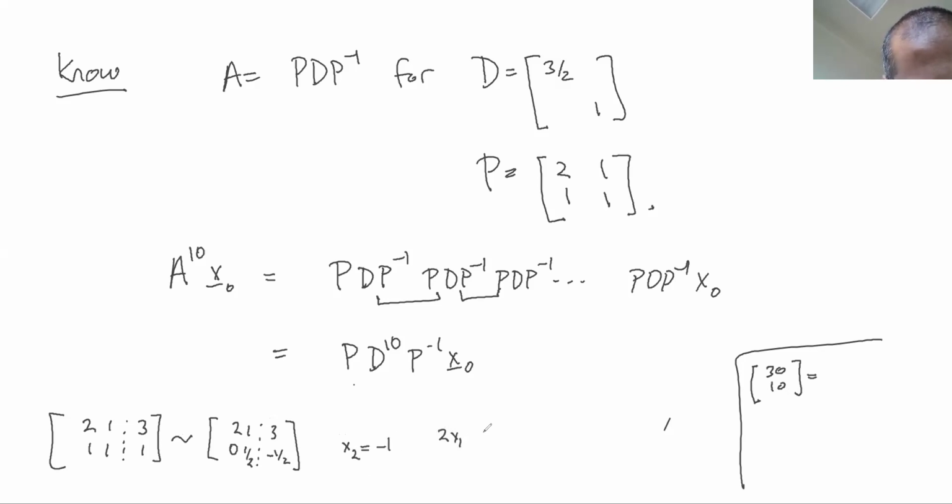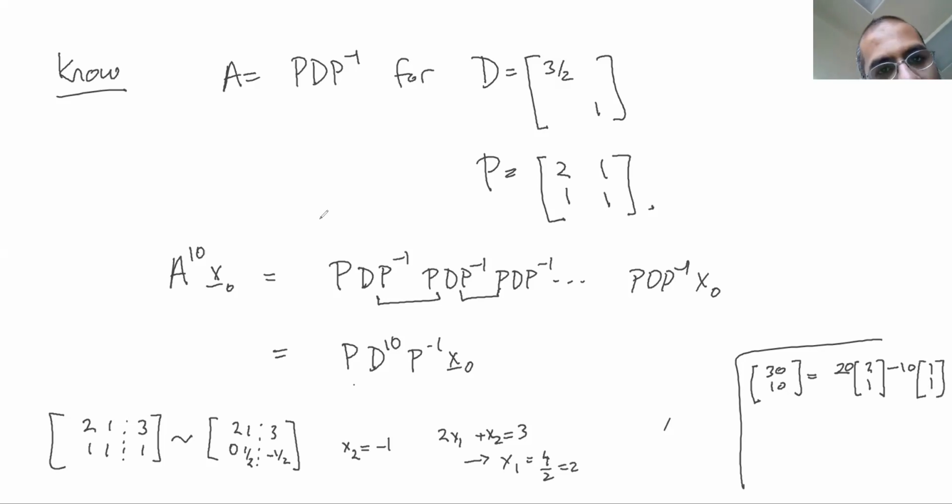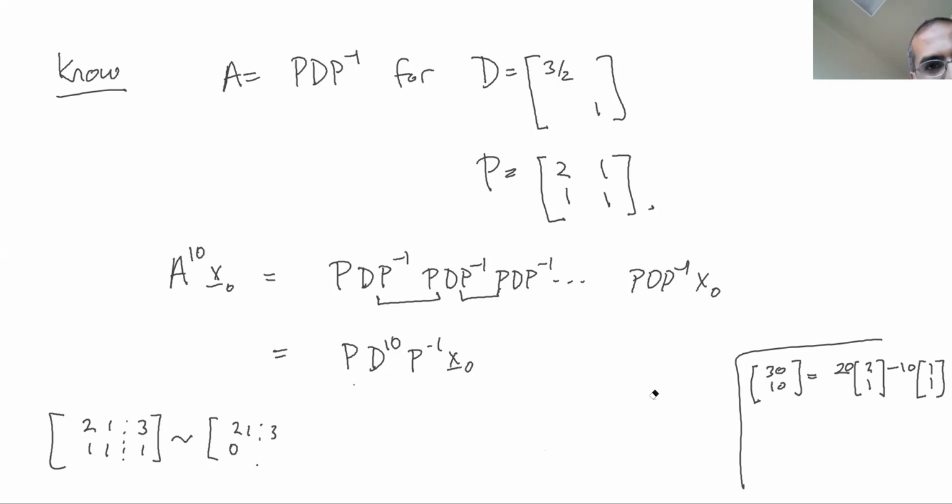You get 2x1 plus x2 equals 3, which means x1 equals 2. Okay, so this is actually going to be twice the first vector, 20 times, minus 10 times the second vector. Okay, let me erase the row reduction for now. So that checks out.